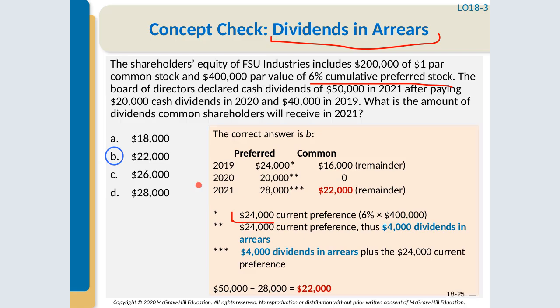And so in 2021, we paid 50,000 of dividends. 24,000 of that is going to be for our preferred shareholders, plus the 4,000 that was carryover from 2020 that we still owe them. And then whatever is left of that 50,000 will go to our common shareholders. Okay, so that's what we mean by cumulative preferred stock.